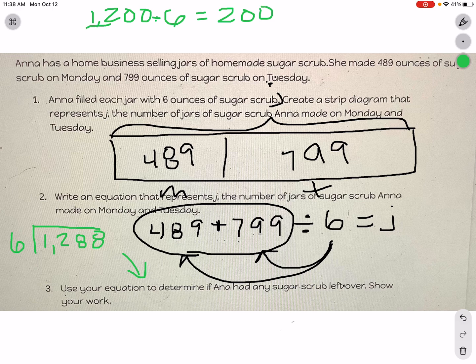We know that 6 will go into 12 2 times, and then we add our zeros and the tens in the ones place. If we rounded up to 1,300 divided by 6, we will come to not much different, probably.